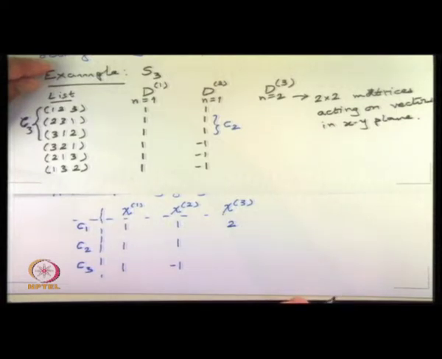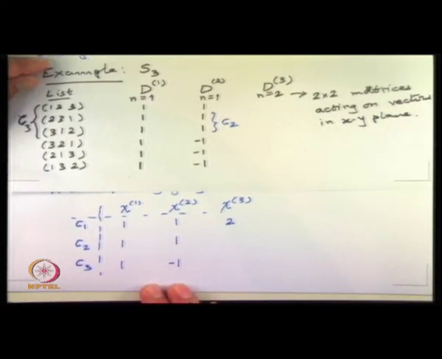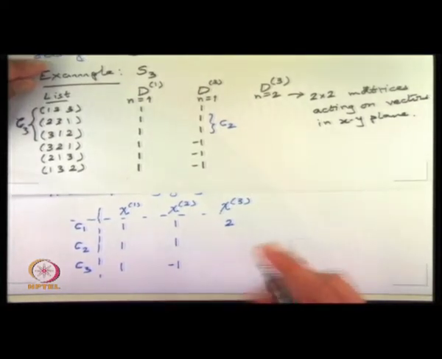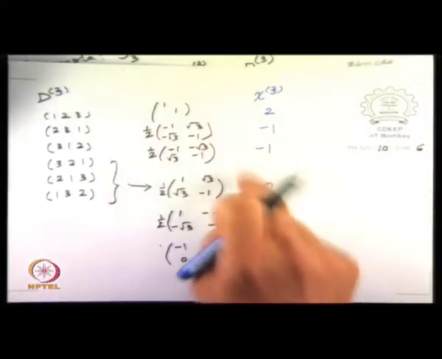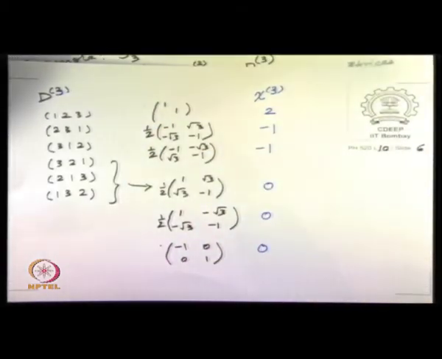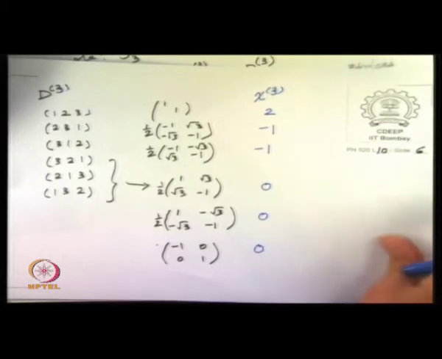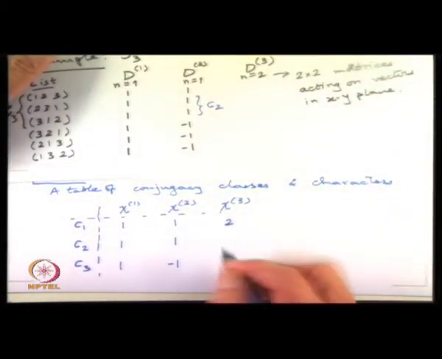This conjugacy class has character -1, the one of improper rotations. And finally we can write out these happen to have 2, and then because the diagonal elements were cosines of 120 degrees, adding them we got -1. So this is -1 and the character of these is 0.